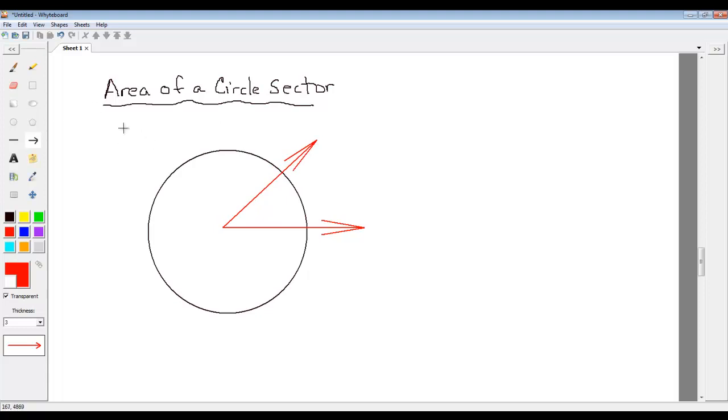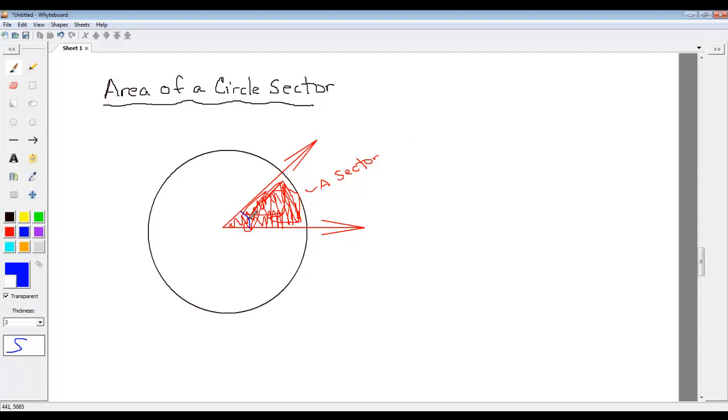Okay, this circle, to draw that angle in there, this little piece of pie or slice of pizza that the angle marks out for you in the circle, that is called a sector of the circle. And we're kind of curious, what is the area of that?